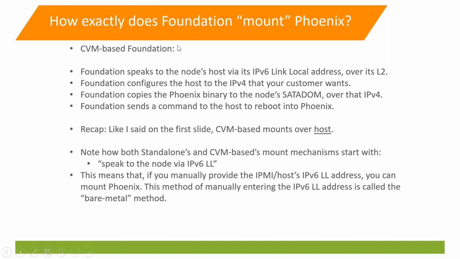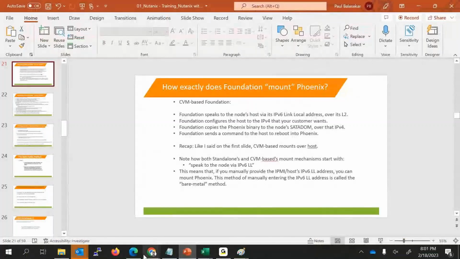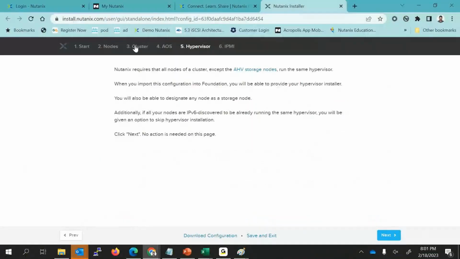How exactly does Foundation mount Phoenix in the CVM-based Foundation model? Foundation speaks to the node host via IPv6. We discussed this in the four points. Foundation configures the host with the IPv4 that your customer wants. On the Foundation screen, if you remember, we are providing the IPv4 information here.